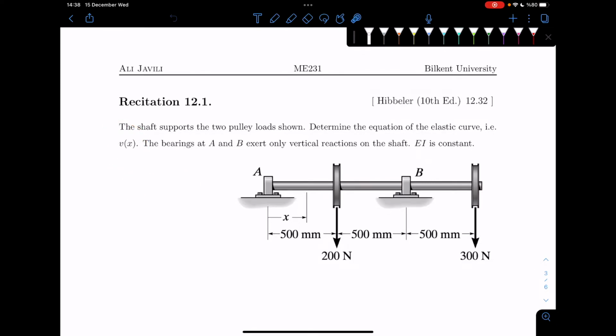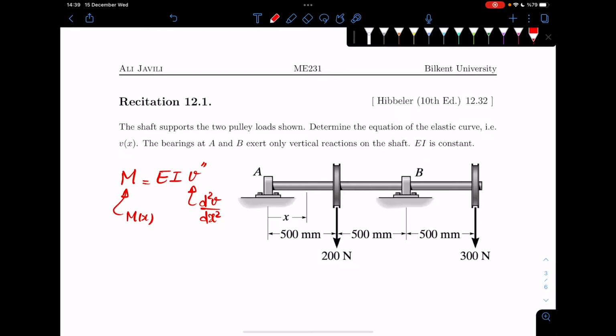In order to calculate deflection, we start from our magic formula for this, and that would be the moment M equals EI V double prime. Now, V double prime is the second derivative of deflection V with respect to the x coordinate, and M is a function of x.